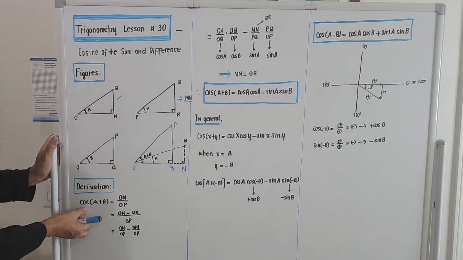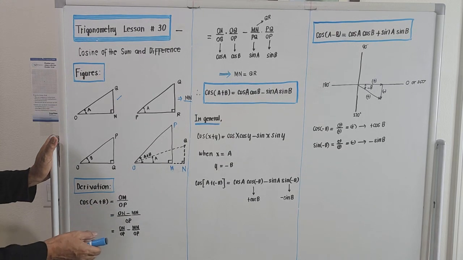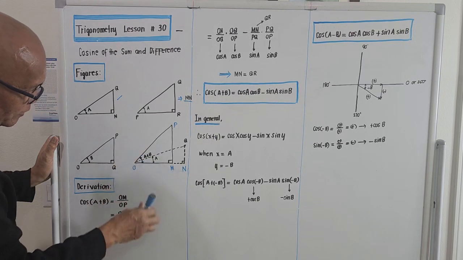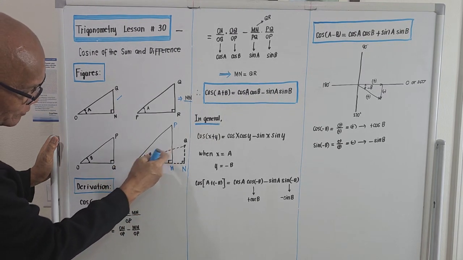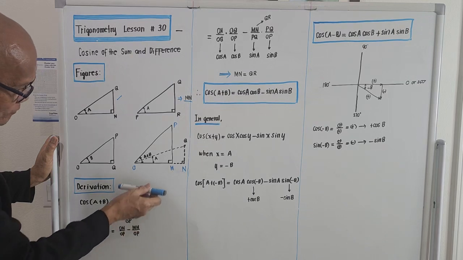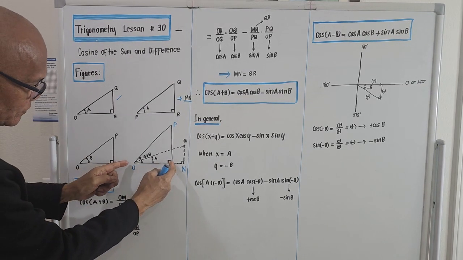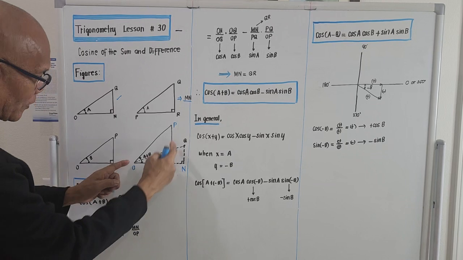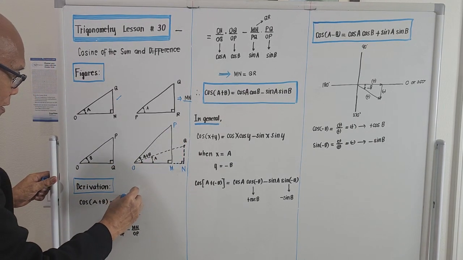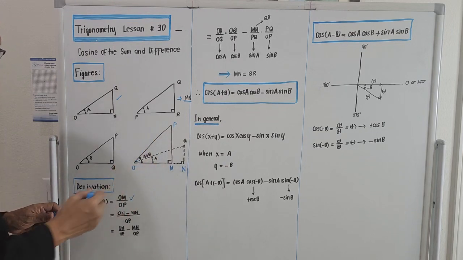We will take the cosine of angle A plus angle B. If we take the cosine of the sum of angle A plus angle B, forgetting for the meantime the dotted right triangle, cosine will be OM over OP. We agree with that, considering the bigger solid right triangle.